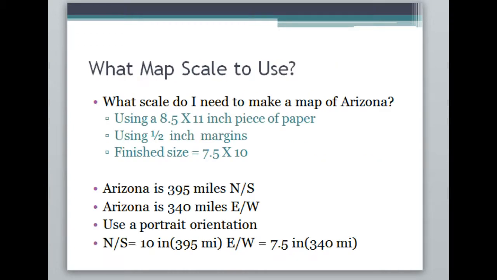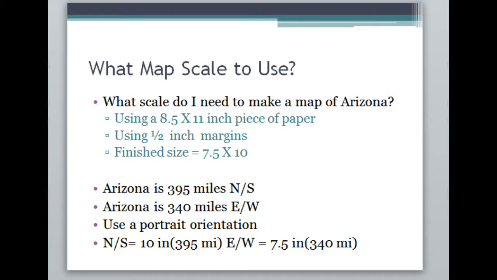Sometimes when you make a map, it's important to know what map scale to use, and it gives you a sense of how to set up your project. So if I wanted to make a map of Arizona and I want to use an 8.5 by 11 inch piece of paper, and I want 1/2 inch margins, my finished paper size is going to be 7 by 10.